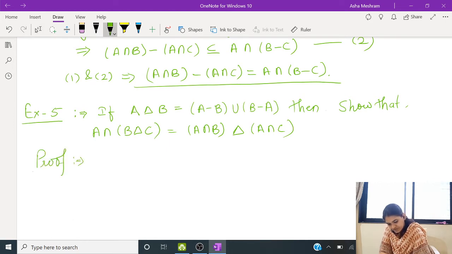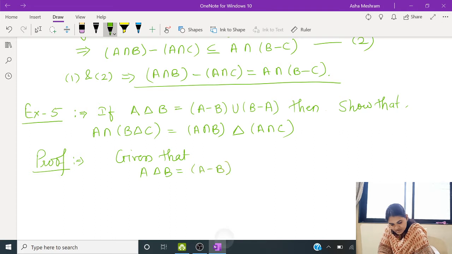Proof of this example number 5. So given that A symmetric difference B is A minus B union B minus A. And now we consider the left hand side. What we have to prove?